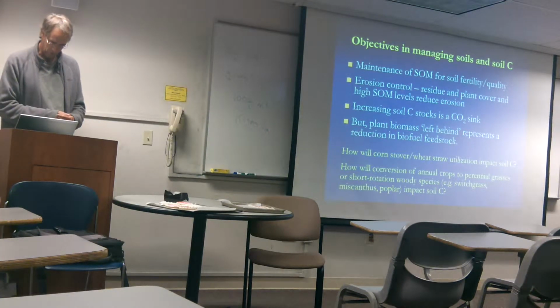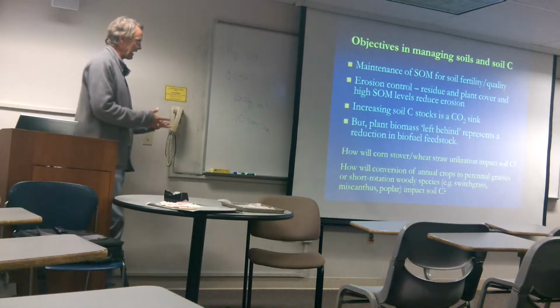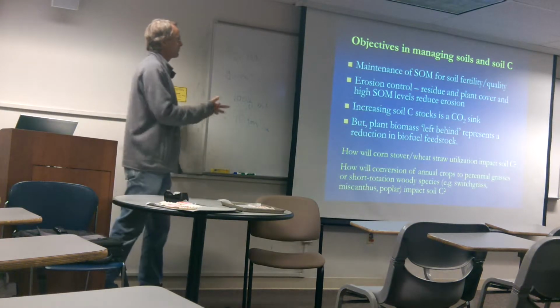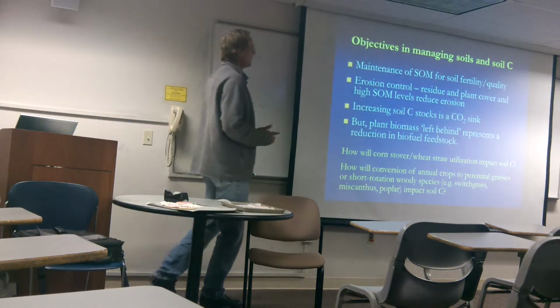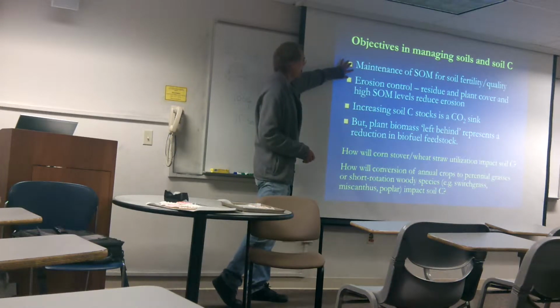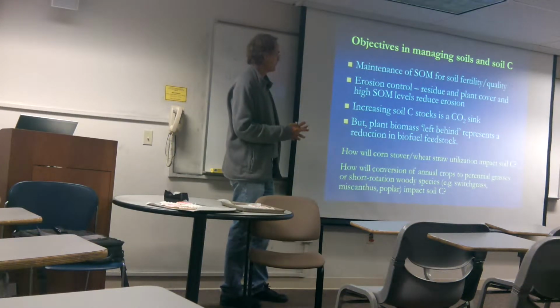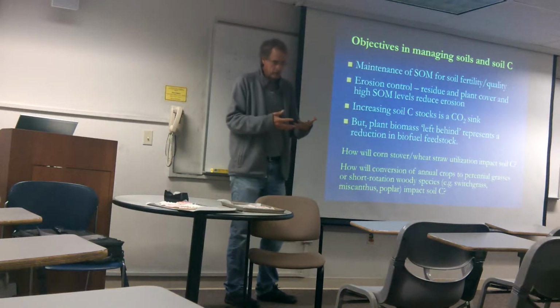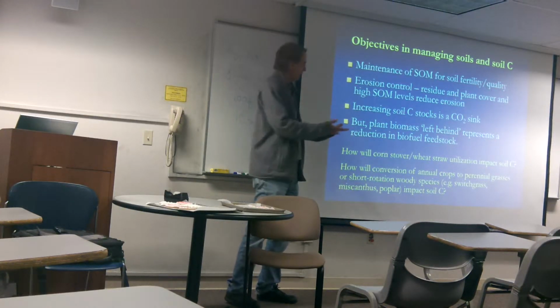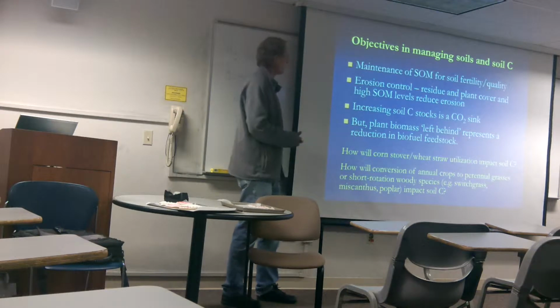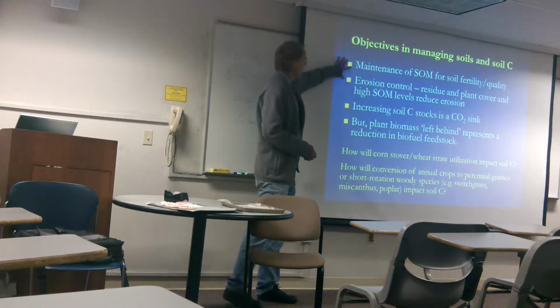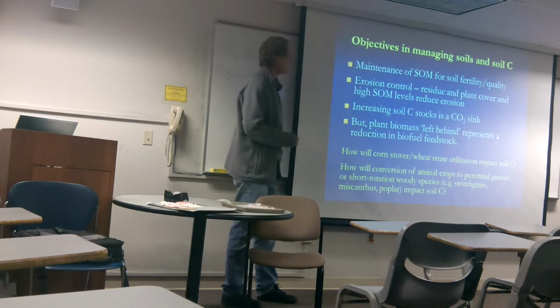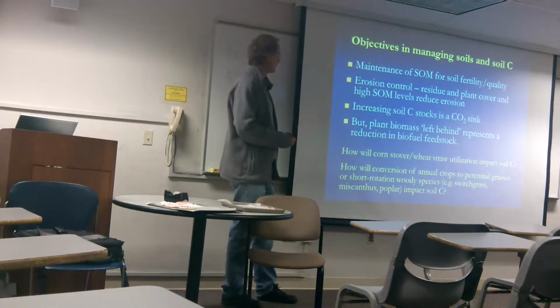For example, if you want to have a well-functioning, fertile soil, organic matter is really one of the most important things you can do. Erosion control is another aspect of just maintaining the soil in its place. So these are some of the key objectives for maintaining good quality soils.